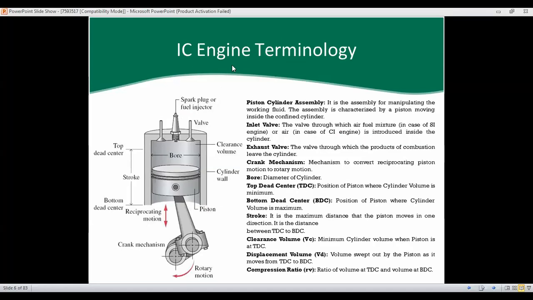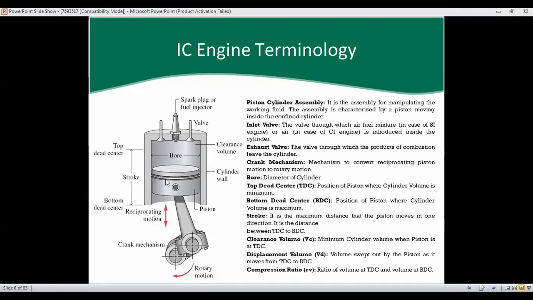So these are the IC engine terminologies. Piston cylinder: this is your piston, and inside this is your cylinder. So this is the piston cylinder assembly. It is the assembly for containing the working fluid. The assembly is characterized by a piston moving inside the cylinder.